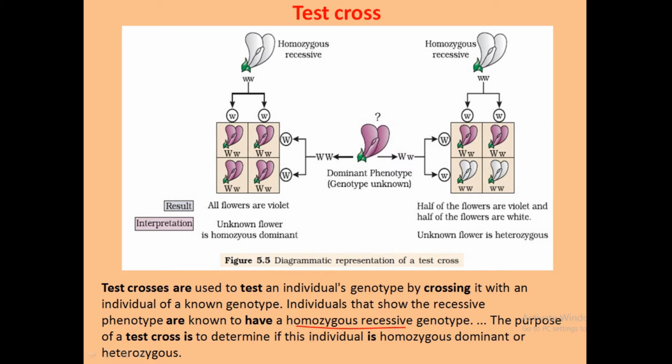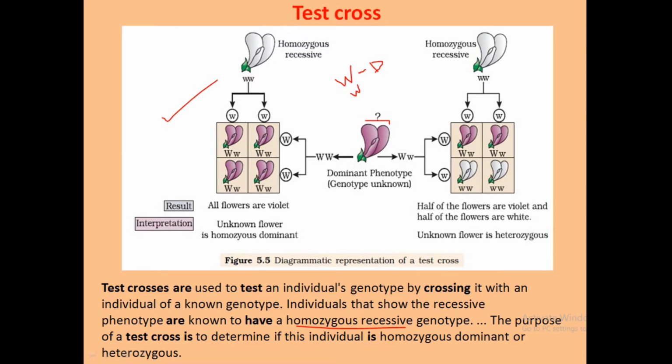Now, this is the picture from the class 12 NCERT book, and here we can see we don't know the genotype of this violet flower. We know in the example capital W is for dominant and small w is for recessive.